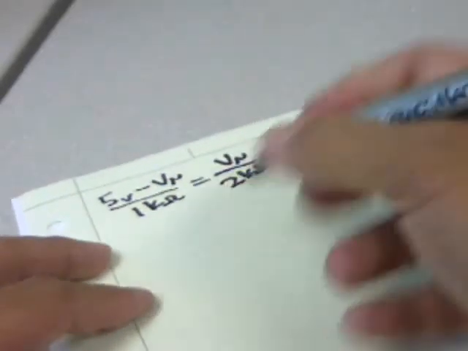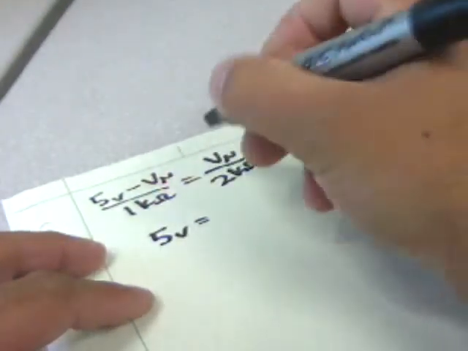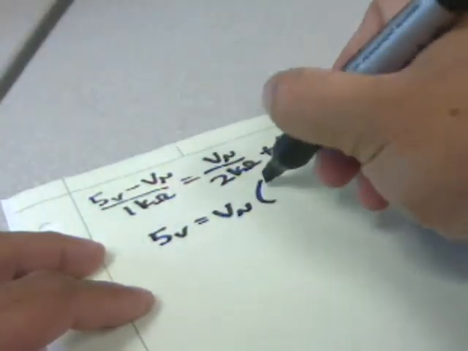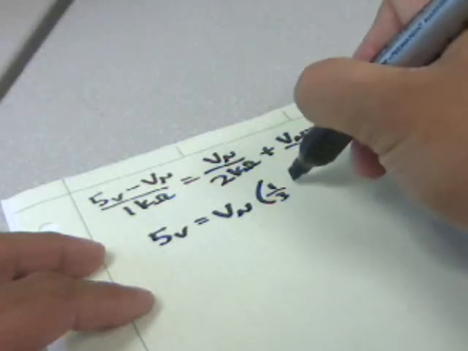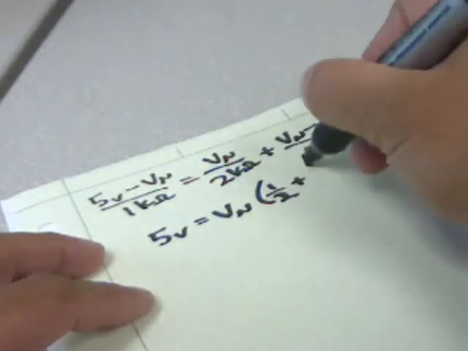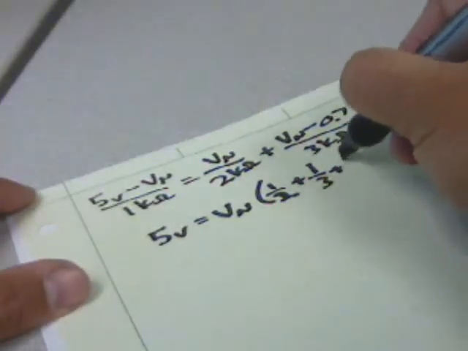So I'm going to skip a bunch of steps here and write this out as 5 volts is equal to Vn times, let's see, we got 1/2, plus 1/3, and I move this over here, so plus 1.